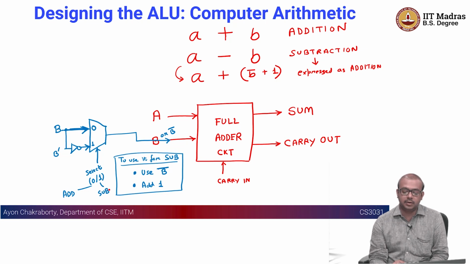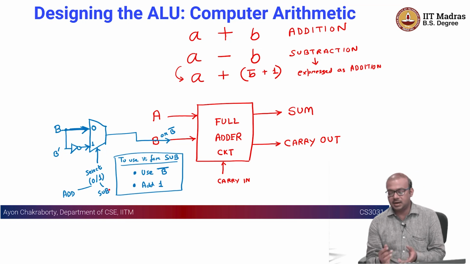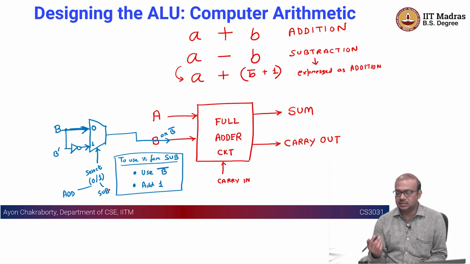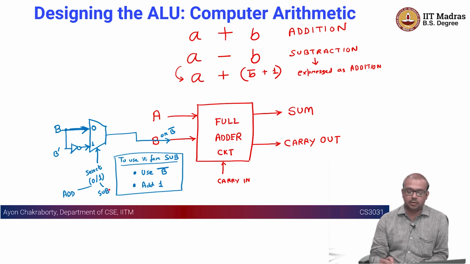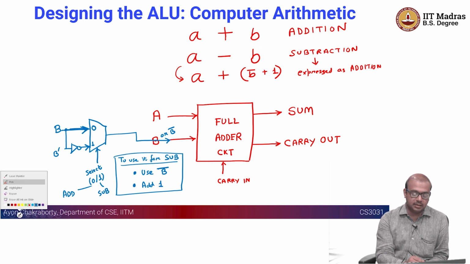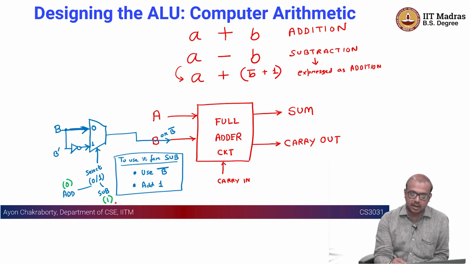For that, we can play this trick. It's not really a trick, it's just that the existing carry in input is lying idle, right? So if I say that subtraction is going to use the value as 1 and addition is going to use the value as 0, I can simply pass this bit to carry in.